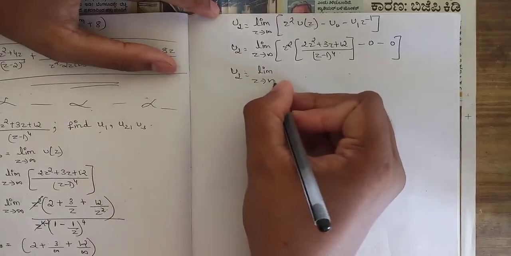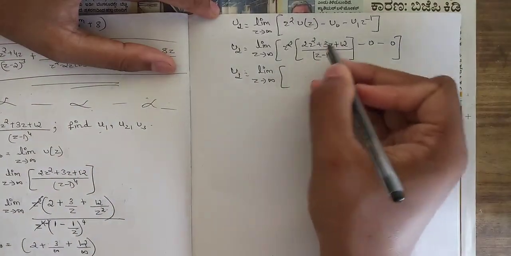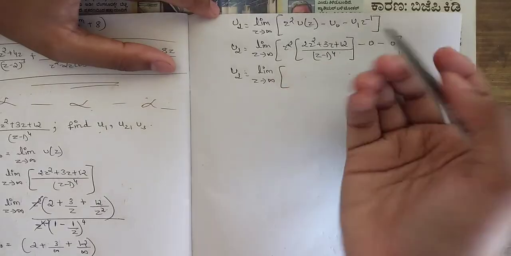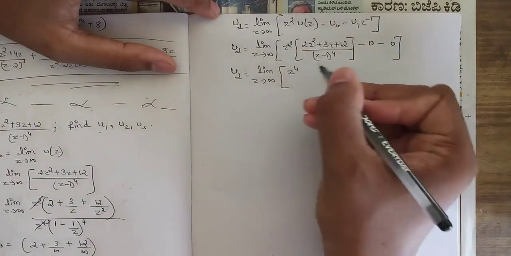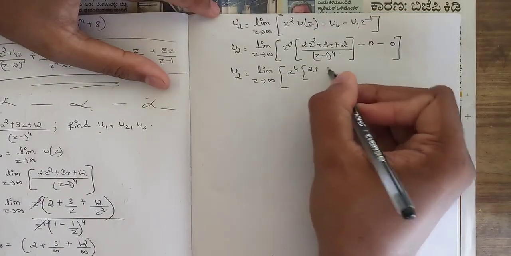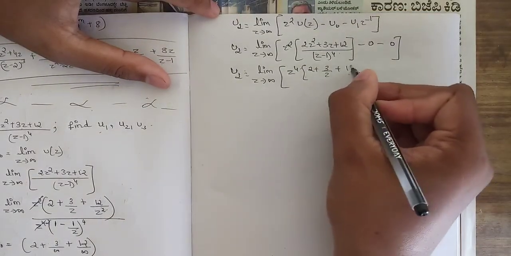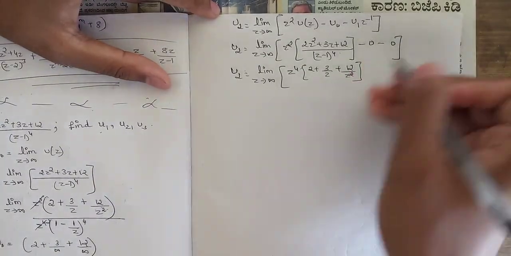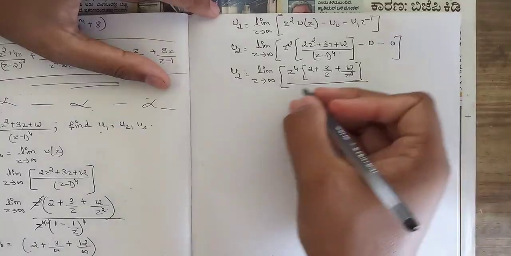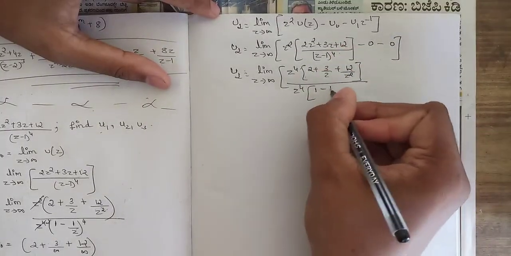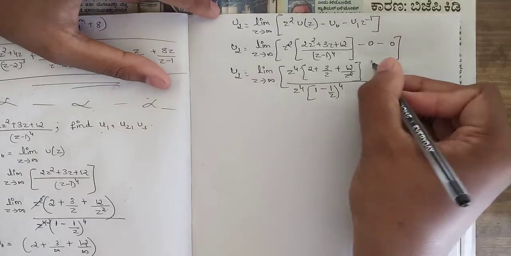Limit z tending to infinity. Again, let's take z square outside. Since there is a z square outside, z square into z square would become z to the power 4, into again 2 plus 3 by z plus 12 by z square. 0 minus 0 is 0, I'm not going to write that. And again take z power 4 outside in the denominator, 1 minus 1 by z to the power 4.